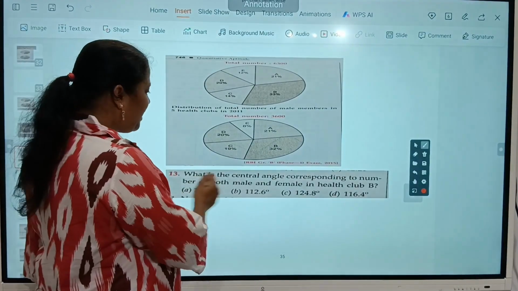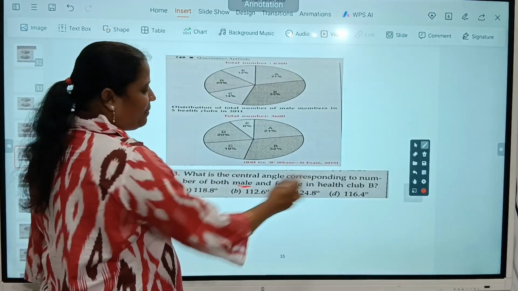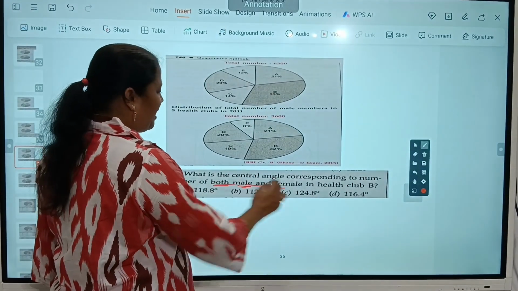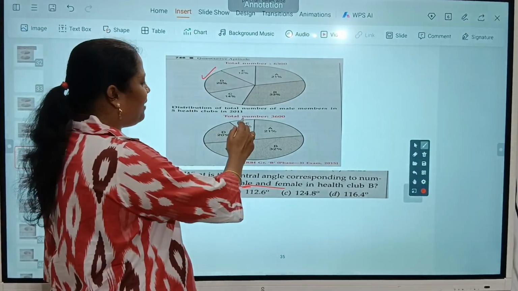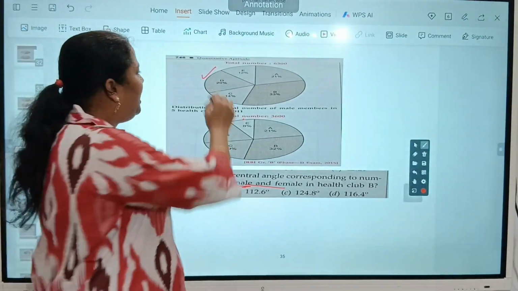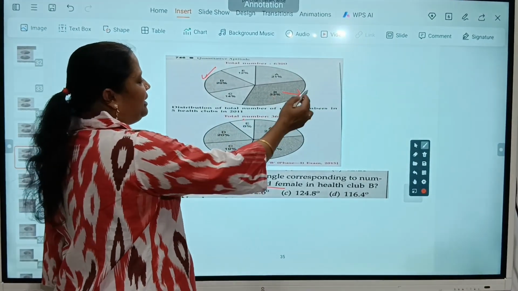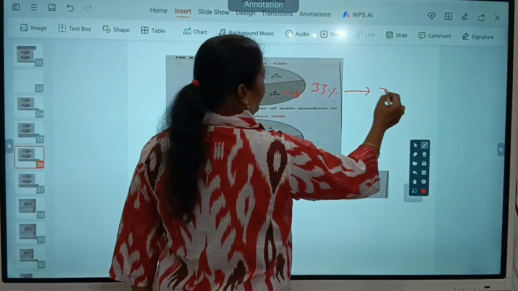Next question is, what is the central angle corresponding to number of both male and female members in health club B? So, if total number both male and female is given, then you have to see above pie chart. If male members given, you have to see down pie chart. In above pie chart, what is the value for club B? It is 33%. This 33% we have to convert into degree.